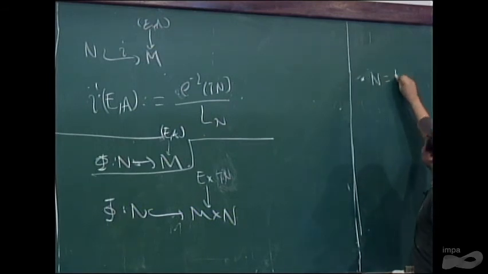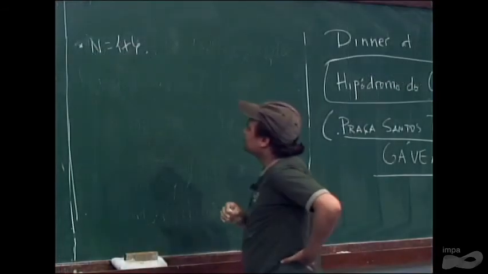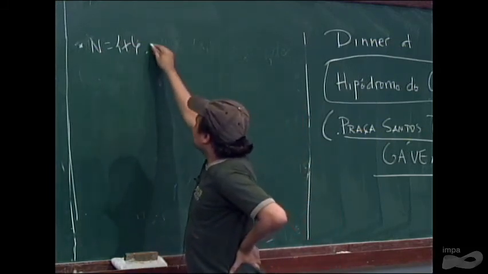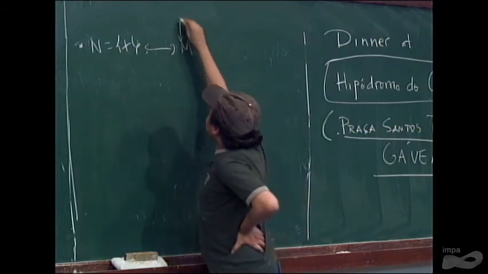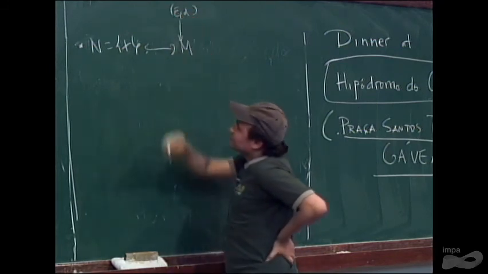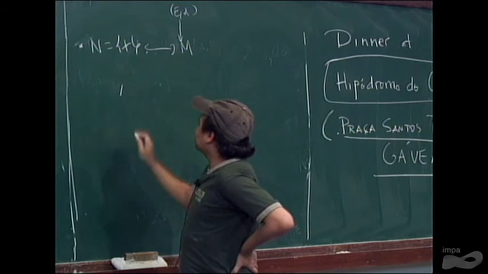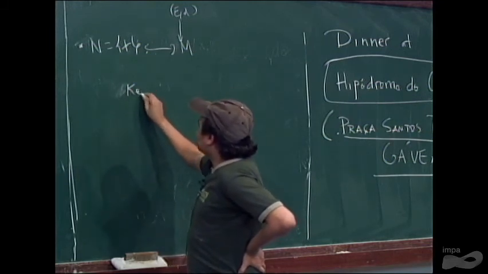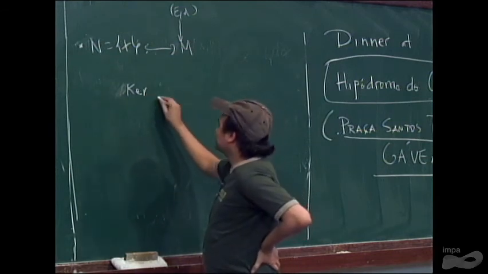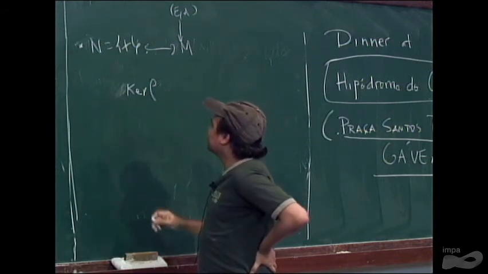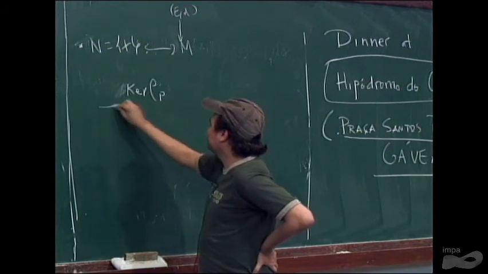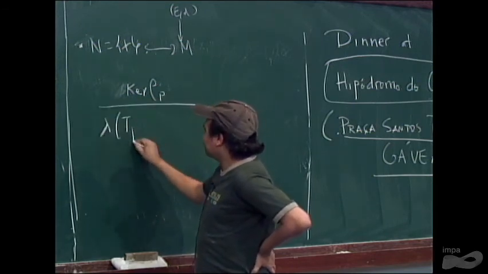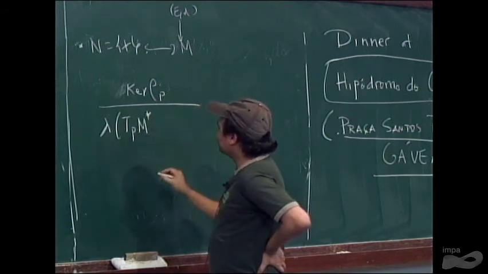So if you take N to be a point, what this theorem is saying is that, so this is inside of M, and you have a Lie algebroid here. Then it's saying that you have a Leibniz algebra structure on the kernel of the anchor, the tangent space of a point, divided by some subspace.